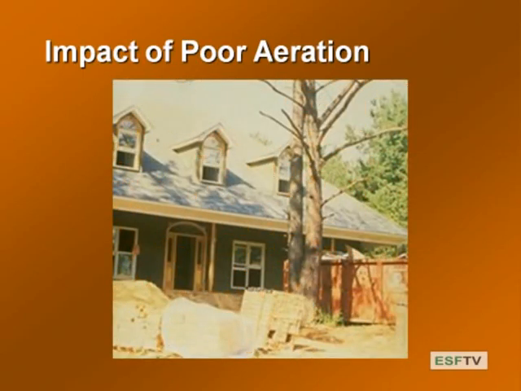Here's another negative impact of poor aeration, and this is much more common than you'd believe. This is the typical construction of new housing and subdivision. So not only is land being taken away from agriculture and production of food and fiber, here we have the death of a tree. It's coming shortly.